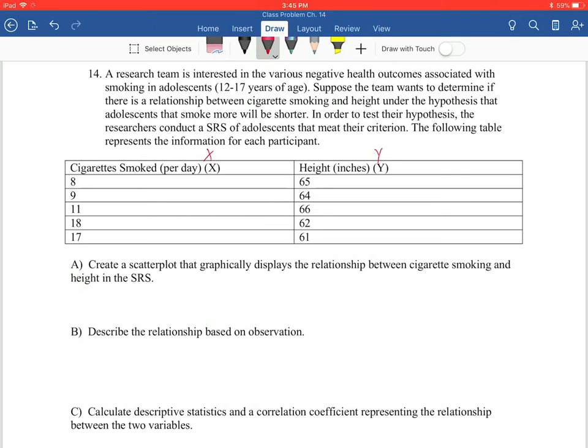So here we have our X value, and our y-axis is height, and cigarettes smoked is our X. So part A wants us to create a scatter plot that graphically displays the relationship between cigarette smoking and height in the SRS. So just a quick one.